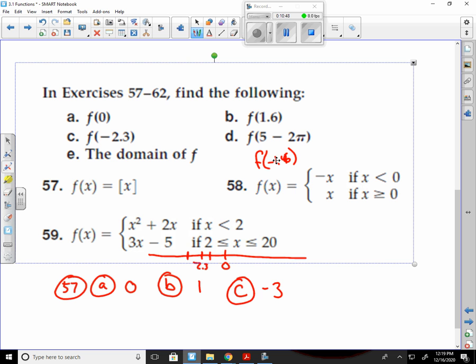So then I would just look at what is negative 1.6. That's going to go backwards to negative 2. And then I'm not going to have you do part E for these. I just want to see if you can plug it into the proper function.